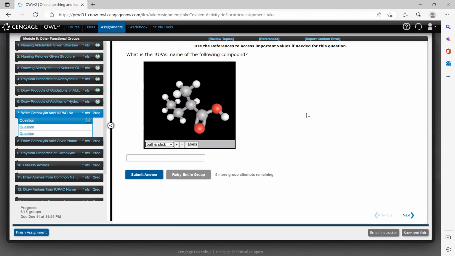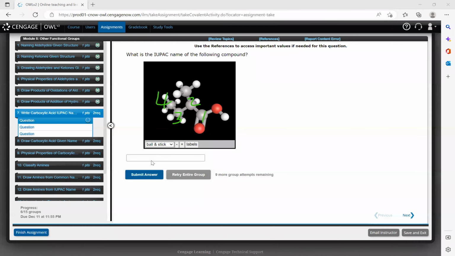All right, we're going to start practicing writing more IUPAC namings. This is going to be for our carboxylic acid. So for our carboxylic acid, again, that'll be this. It's a C double bonded O, OH group coming off of it. And what's going to happen is, again, we're going to start with the longest carbon chain. Start with this as number 1, 2, 3, 4.